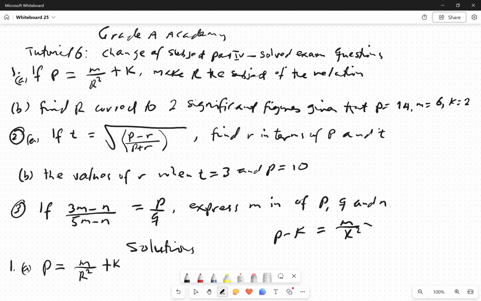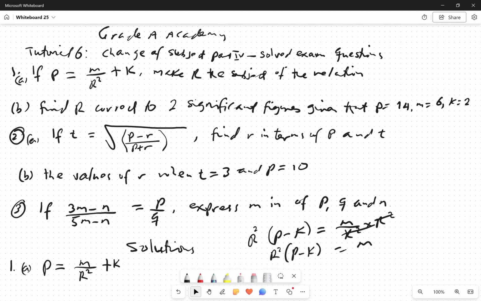So I'm going to multiply here by r squared. And because there's a minus sign here, you multiply both of them by r squared. If you want, you can multiply k alone by r squared and p alone by r squared, but you're giving yourself more work. So if you do it like that, the r squared will cancel r squared here, and we have r squared, we have p minus k is equal to m.